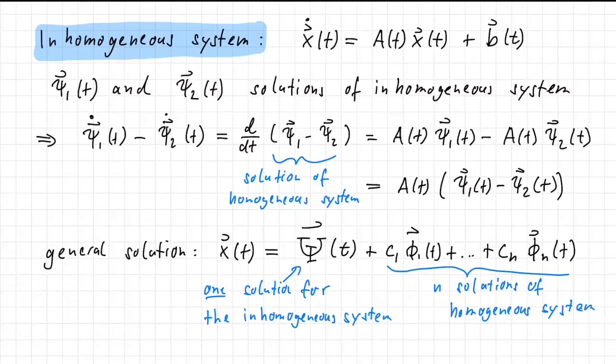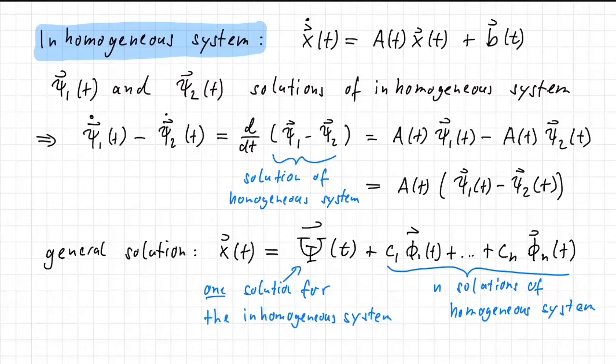In this sense, the inhomogeneous system is one solution more difficult, because now we need n plus 1 solutions in total. So whenever you have an inhomogeneous system, you first try to solve the homogeneous system, and then you go ahead and find the solution to the inhomogeneous system.